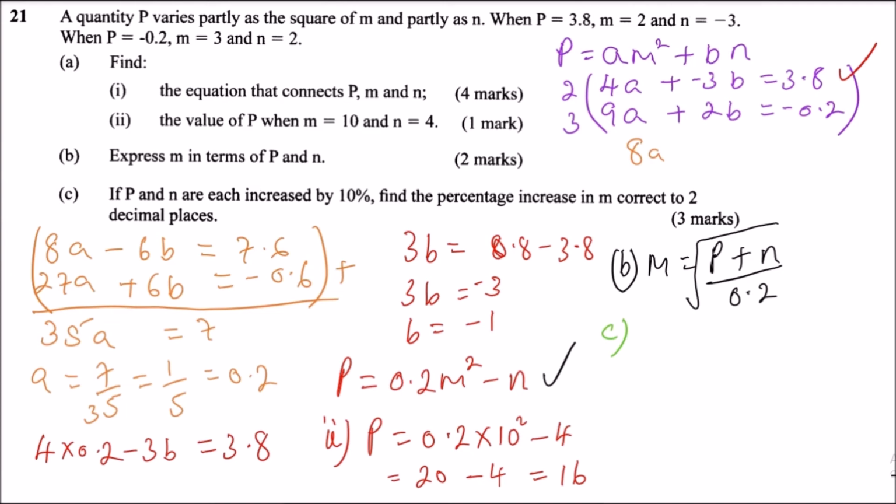So we can say our new m is equal to the square root of, p is increased by 10%, so p will be 1.1 of p, plus 1.1 of n, and this is divided by 0.2, where we can factor out the square root of 1.1, and that is p plus n over 0.2.